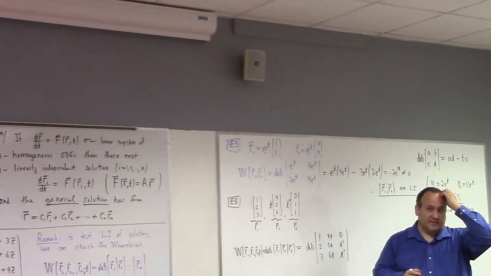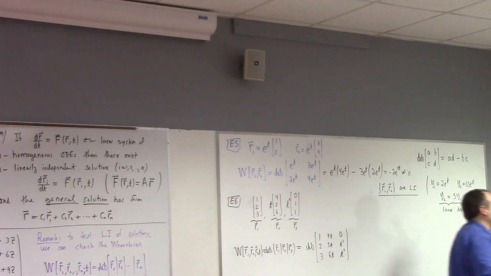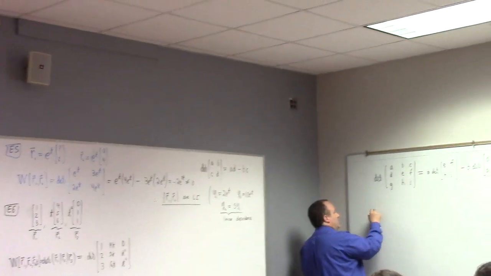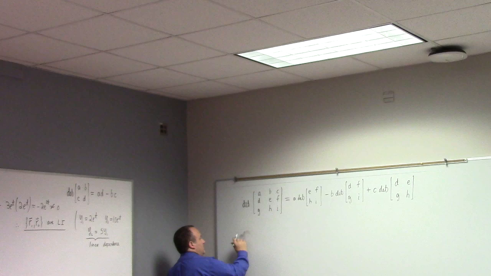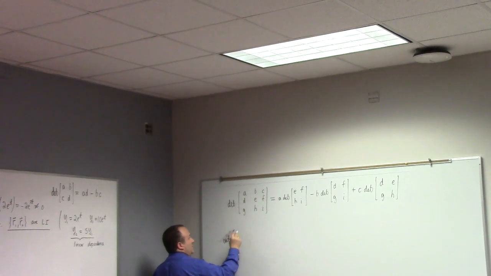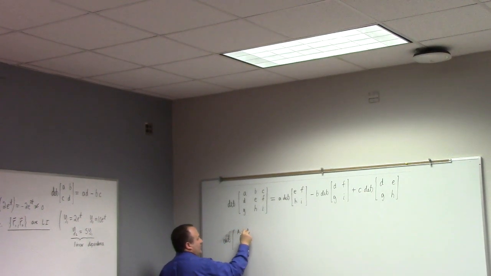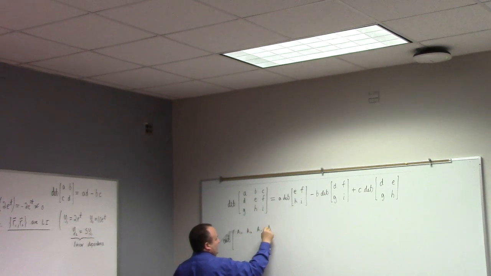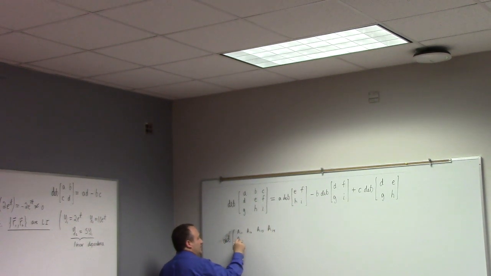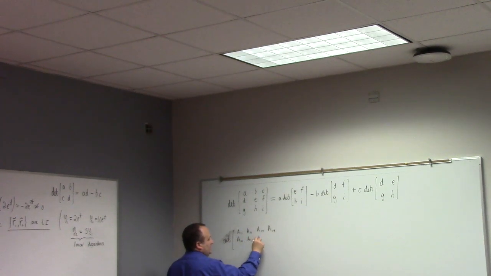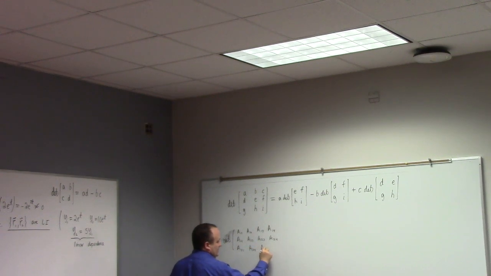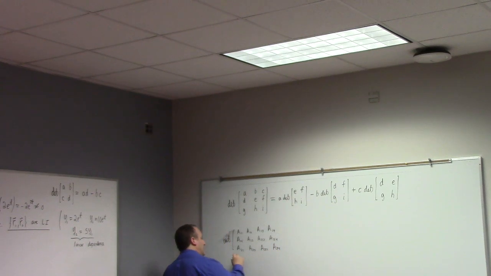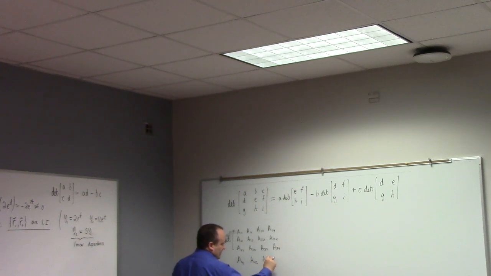Do you guys know how to calculate the determinant of a 4 by 4? Let's look at it. What if I had the determinant of, I'll use numbers this time, A11, A12, A13, A14, A21, A22, A23, A24, A31, A32, A33, A34, A41, A42, A43, A44.